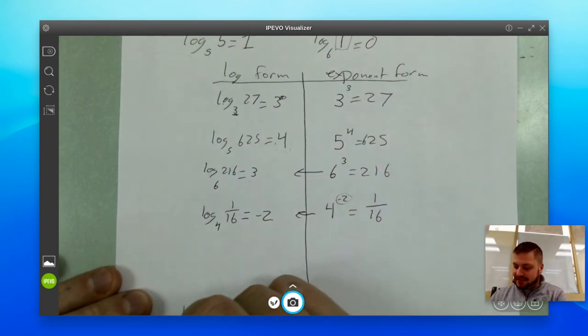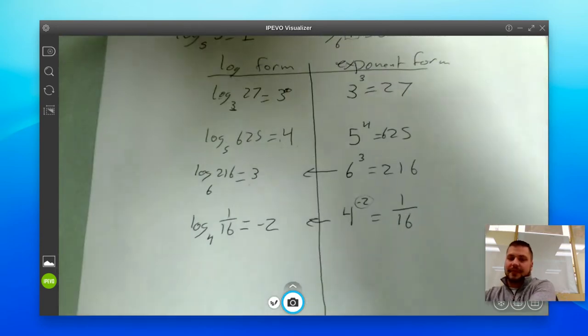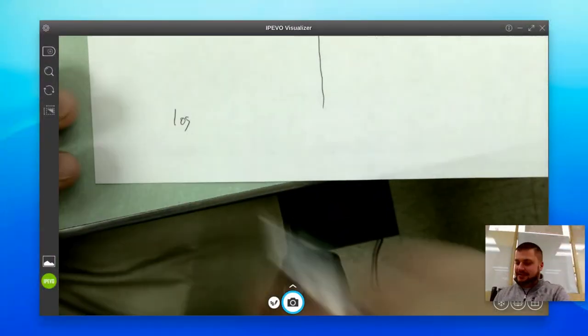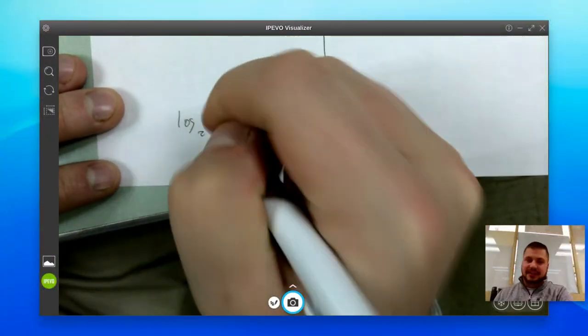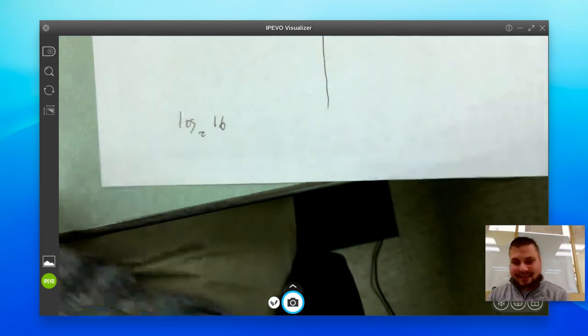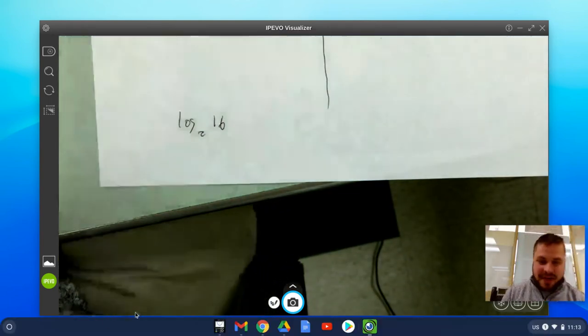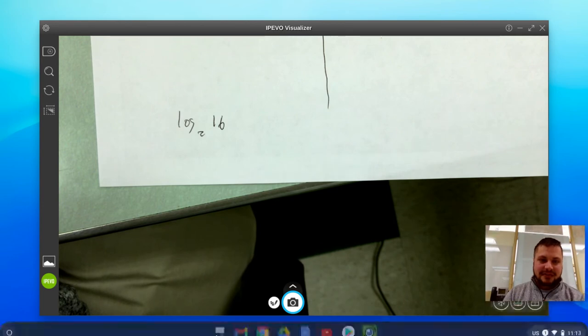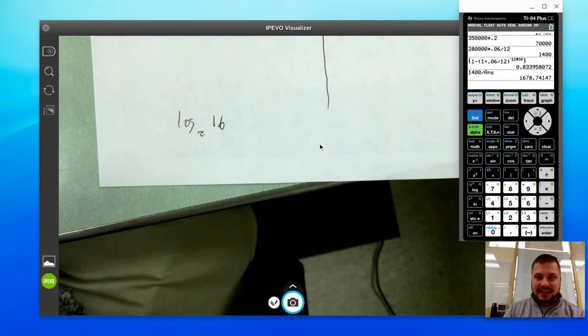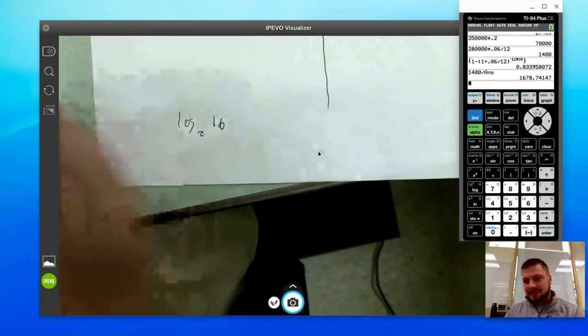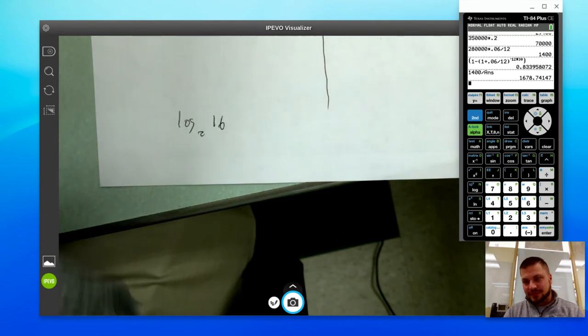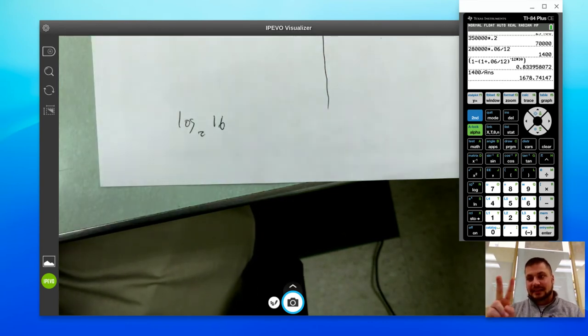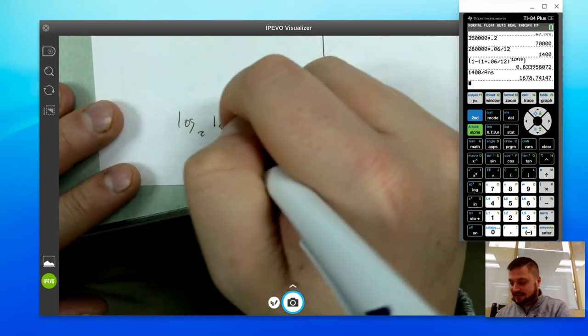Like, for instance, if I just asked you, what is log base 2 of 16? If you do these in your head, I think you're going to learn faster. Okay, so log base 2 of 16, 2 to what power is 16? 2 times 2 is 4, times 2 again is 8, times 2 again is 16. So that answer is 4.